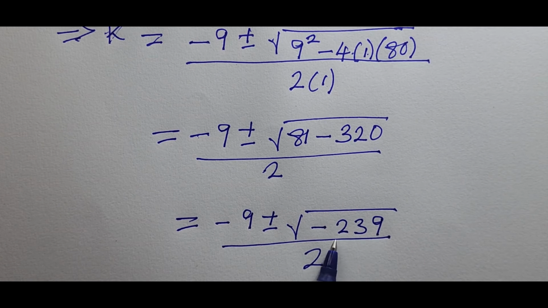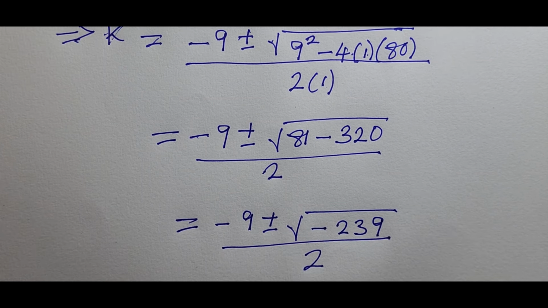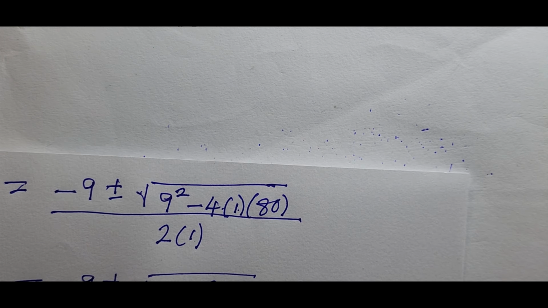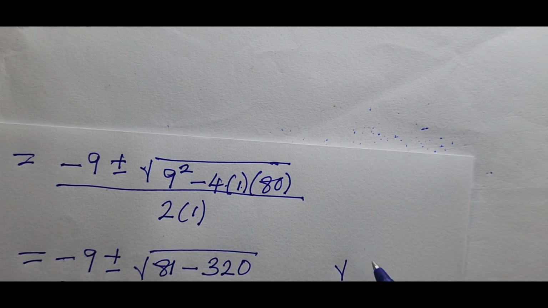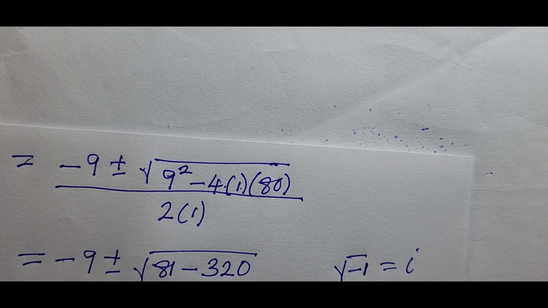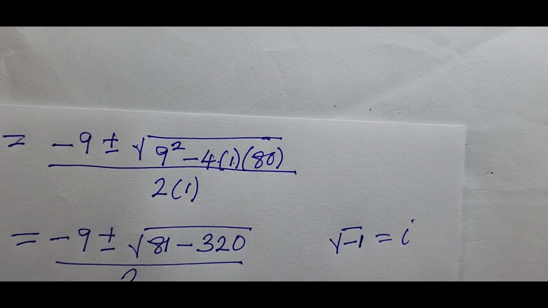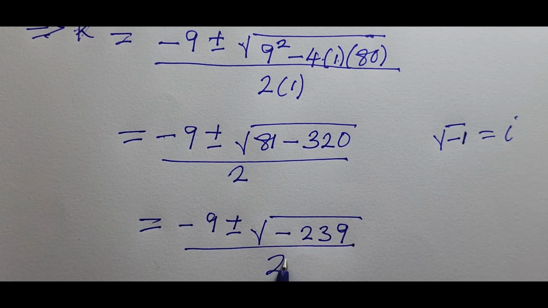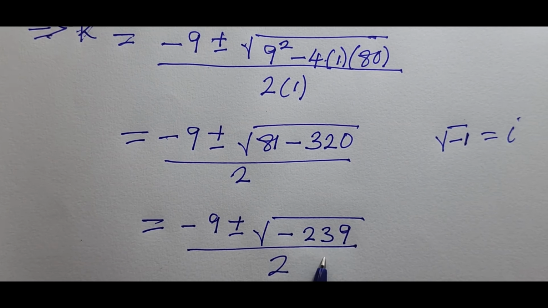All right, we rewrite this expression first. We know that the square root of minus 1 is equal to iota. And we can split this expression into minus 1 times 239.